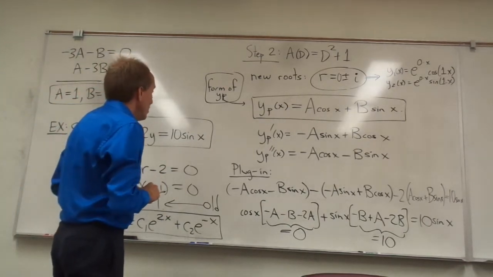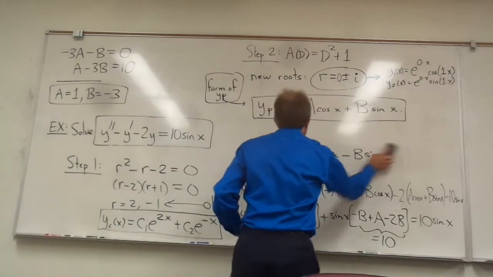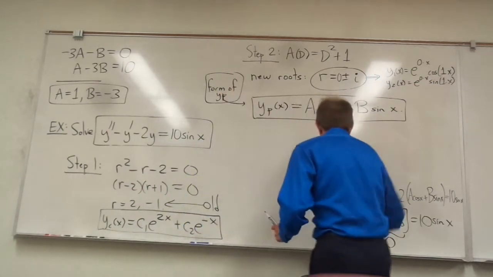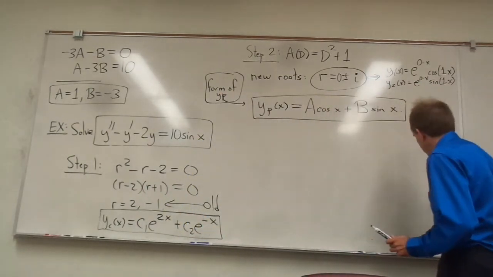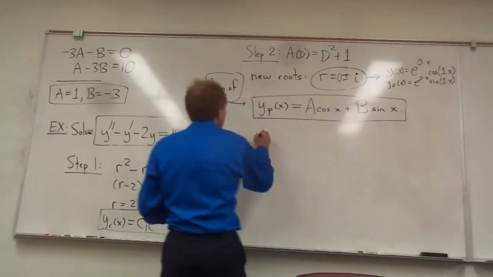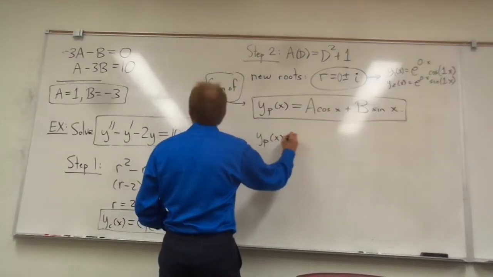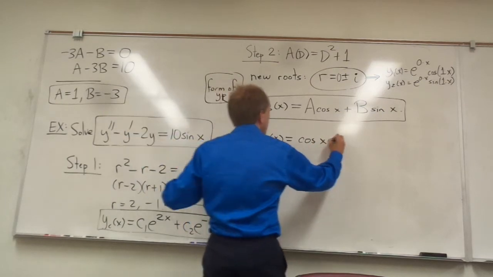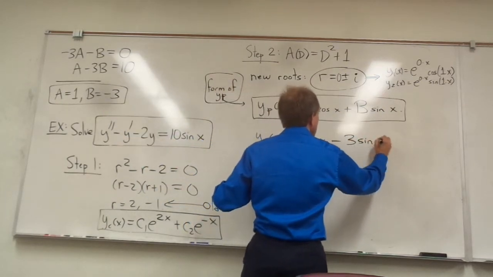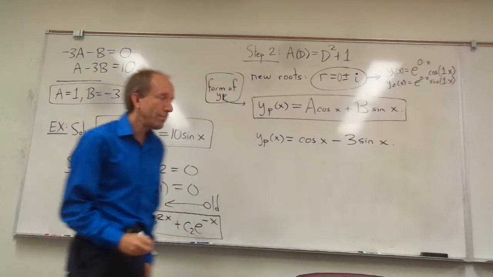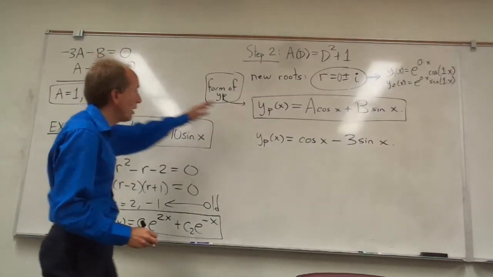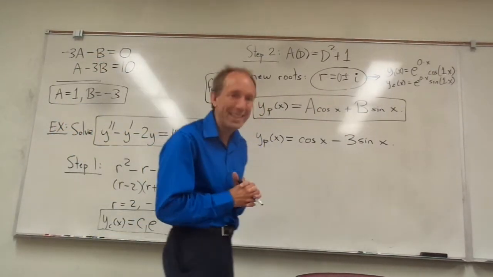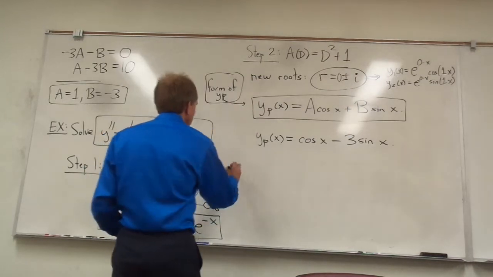So your particular solution is cosine of x minus 3 times sine of x. I've just put a equals 1 and b equals negative 3 into the particular solution.